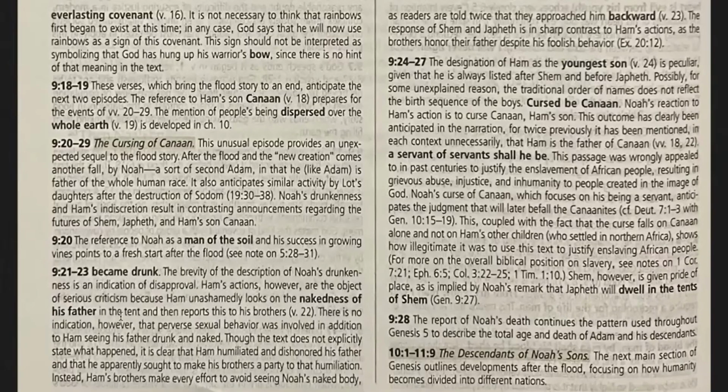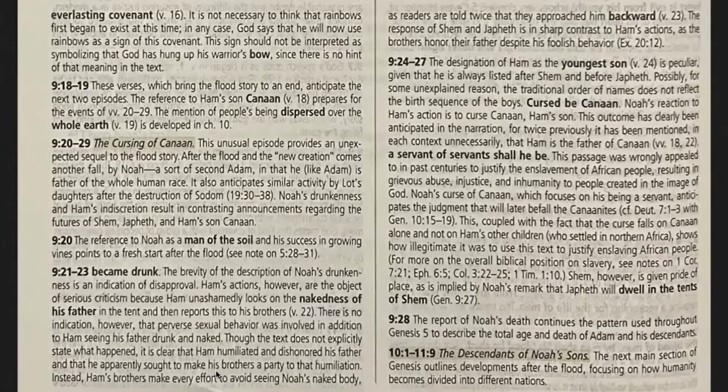There is no indication, however, that perverse sexual behavior was involved in addition to Ham seeing his father drunk and naked. Though the text does not explicitly state what happened, it is clear that Ham humiliated and dishonored his father, and that he apparently sought to make his brothers a party to that humiliation.